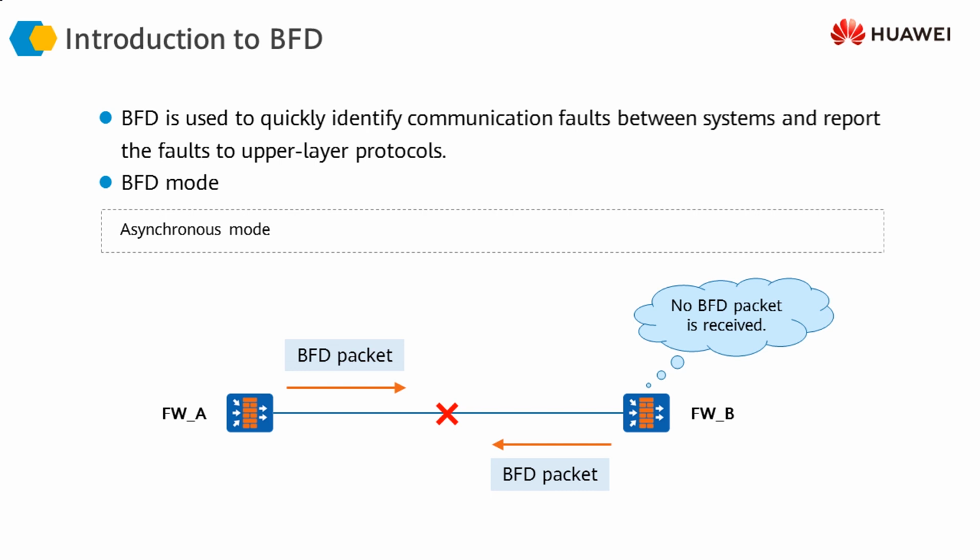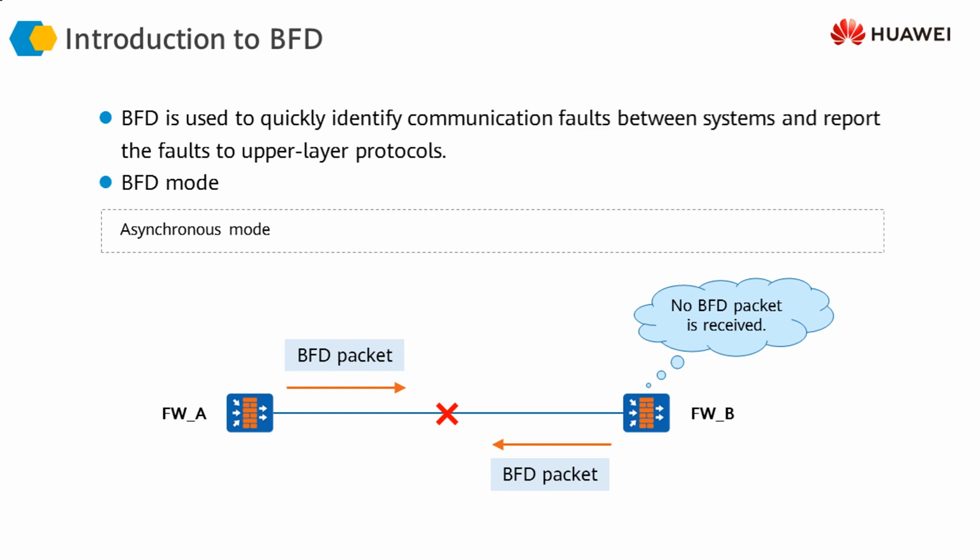BFD works in asynchronous mode, which means that each device sends BFD control messages to the other without waiting for a packet from the other side. It's not in response to any particular packet. They just keep exchanging packets independently of the action from the other side.